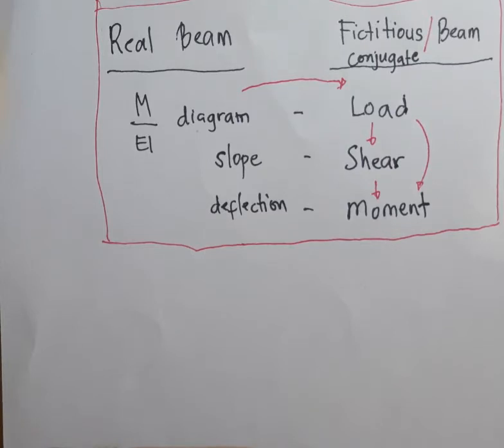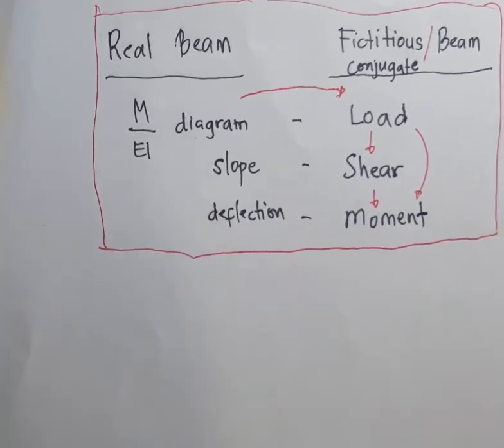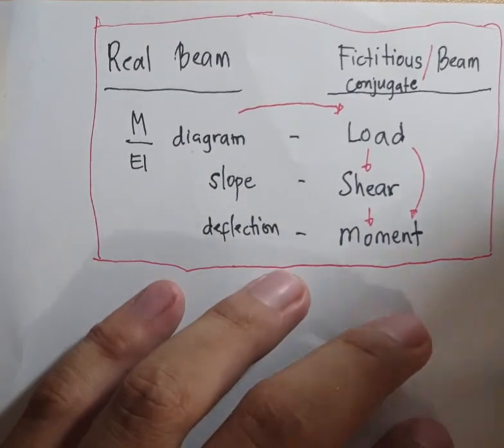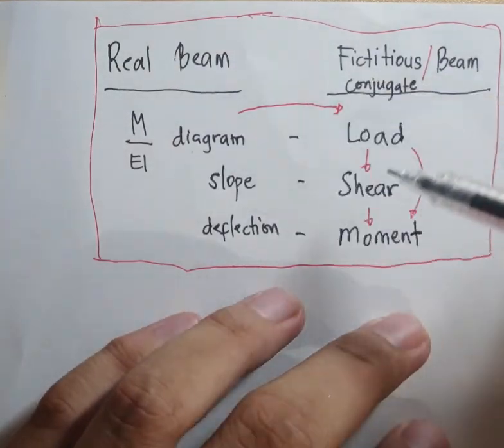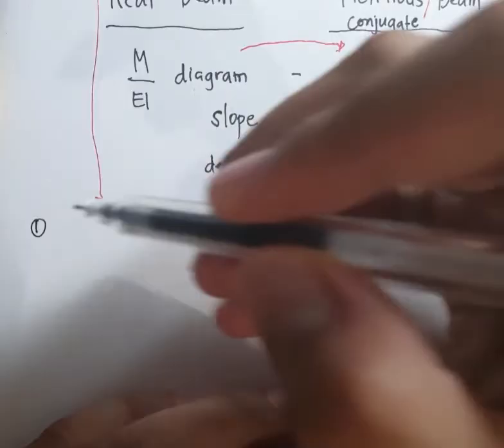So maximum moment sa conjugate beam, mao pod ang maximum deflection sa real beam. Okay? So ato siyang i-summarize. This is the first nga summary. This one, the relationship.